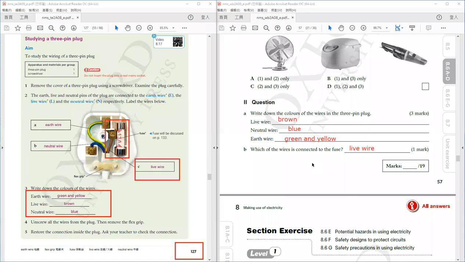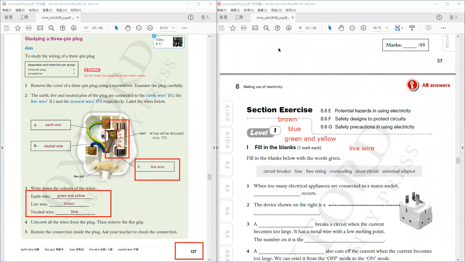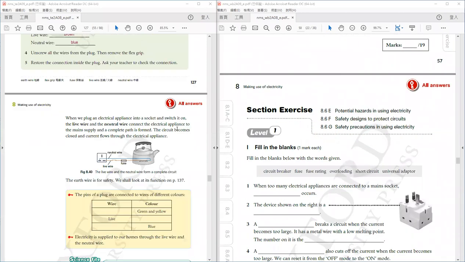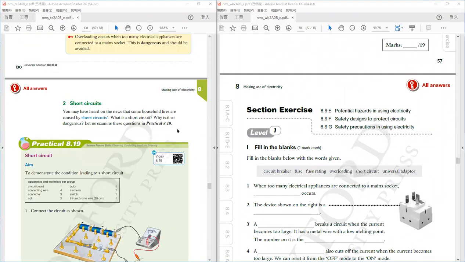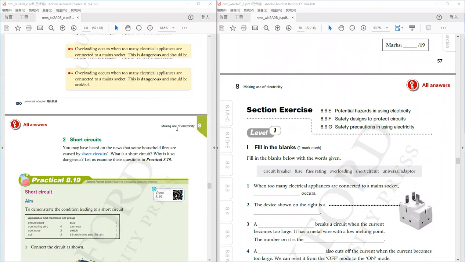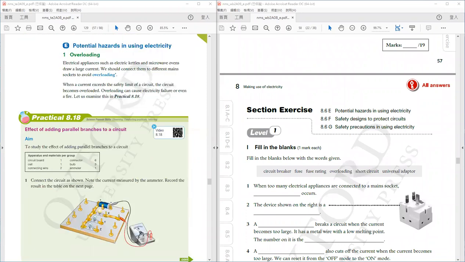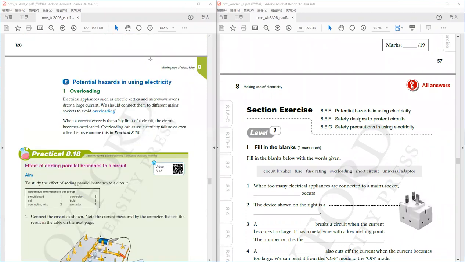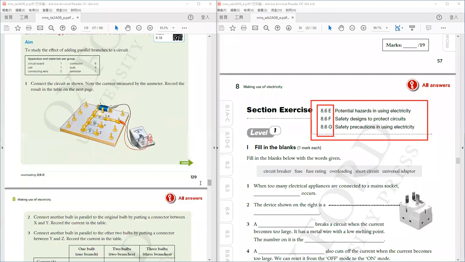So for the next part, we refer to the next part of your textbook. Part E, 8.6E, 8.6F, and 8.6G. So from textbook, page 129, here.